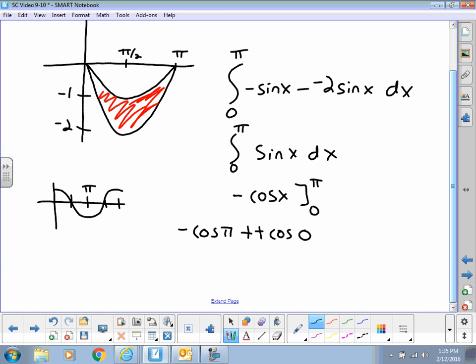Cos of pi is negative 1, so minus the negative 1 is 1. Plus cos of 0, which is 1, we get 2. Which is kind of interesting that the area in between minus 2 sine x and minus sine x is really just 2 from 0 to pi.